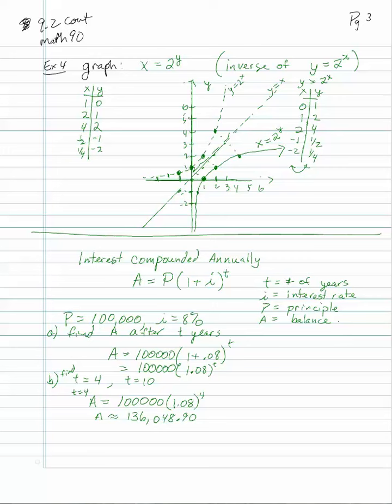All right, let's try T is 10. So A would be 100,000 times 1.08 to the 10.